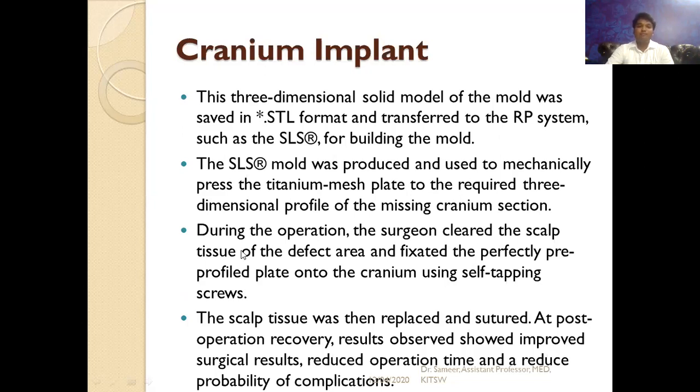This three-dimensional solid model of the mold for the cranium implant was saved in .stl format.